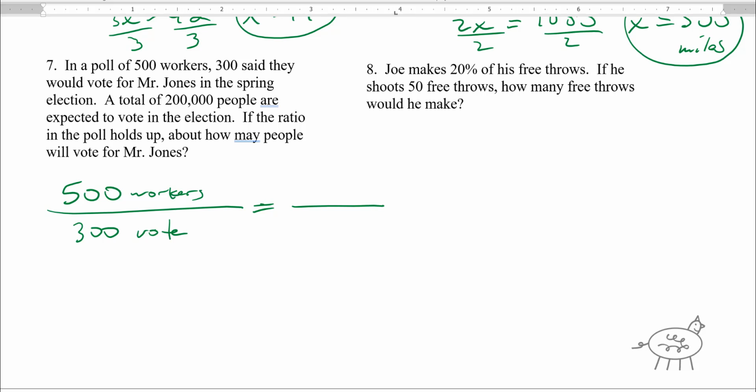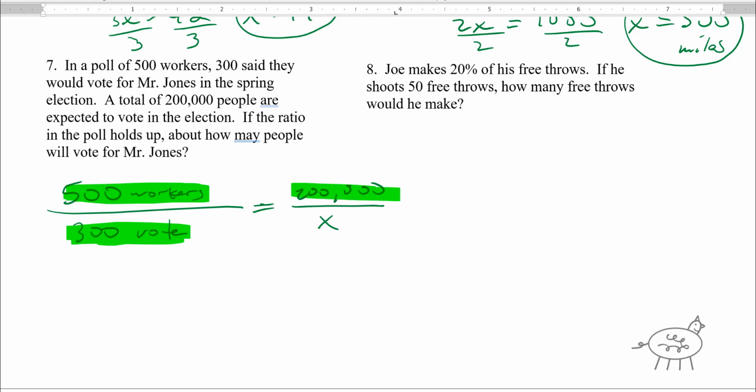A total of 200,000 people, you have 200,000 people that are workers, so 200,000. How many people would vote for Mr. Jones? So we have X. Again, I'm telling you the 500 workers here, 300 would vote for Mr. Jones. But now I'm saying we have 200,000 workers.